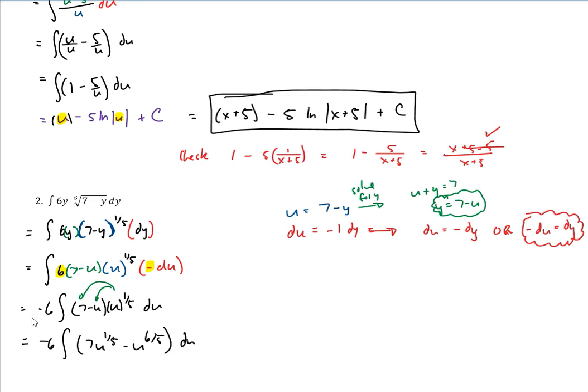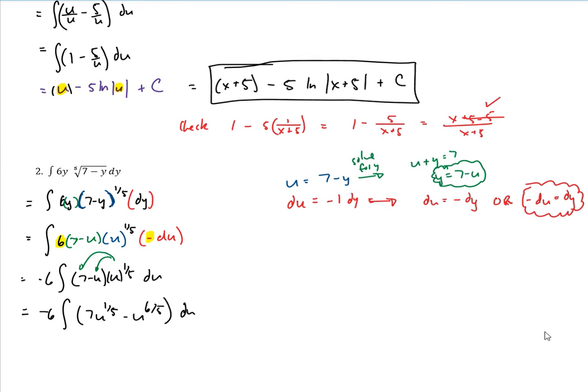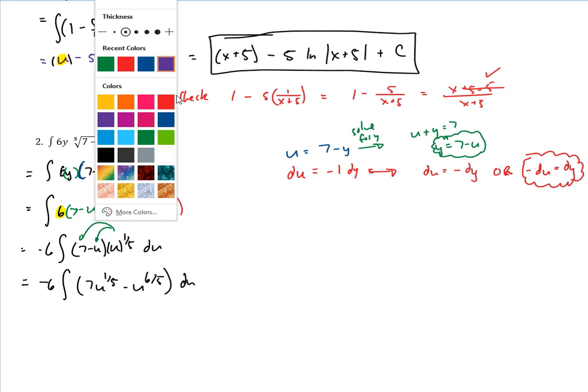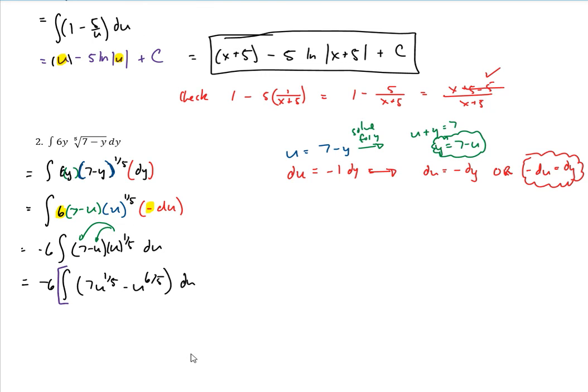And then now it lets us be able to use the power rule to continue. So let's do our power rule on this. So now I can do the antiderivative. So we have -6 and then doing the antiderivative. Let's keep it in the purple to show it. Okay, so I've got that 7 just hanging out. And then focusing on the u to the 1/5, I would add 1 to the power.